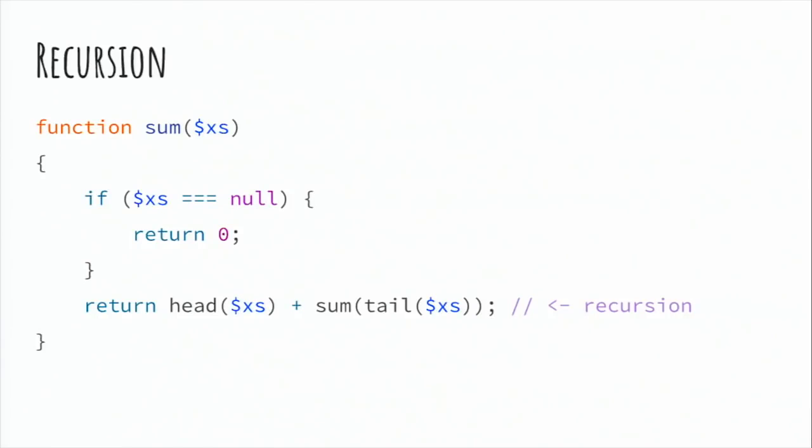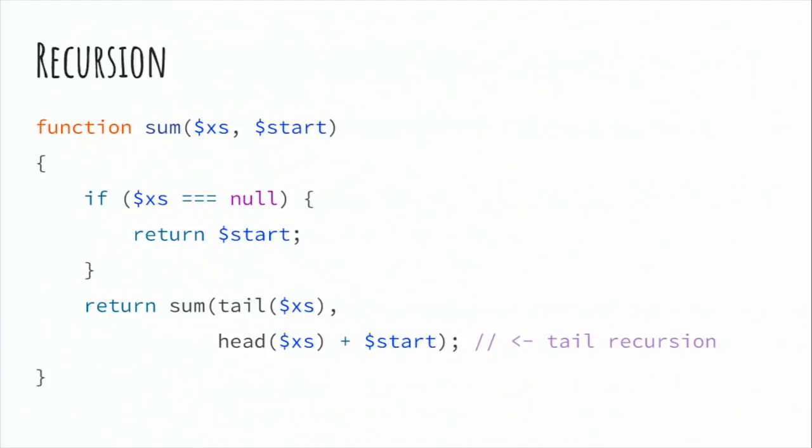And there's a way around that if we write this function a little more complicated and we pass the start value. So if we have an empty list, then we just return the start value. And then we recurse at the last line by passing the tail and as a start value, the head and the start value that we started with.